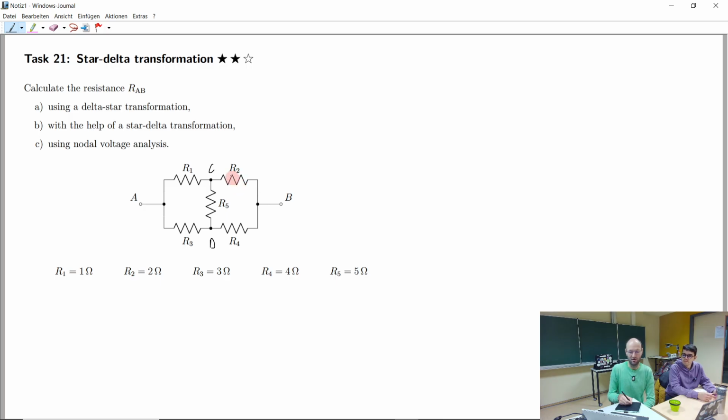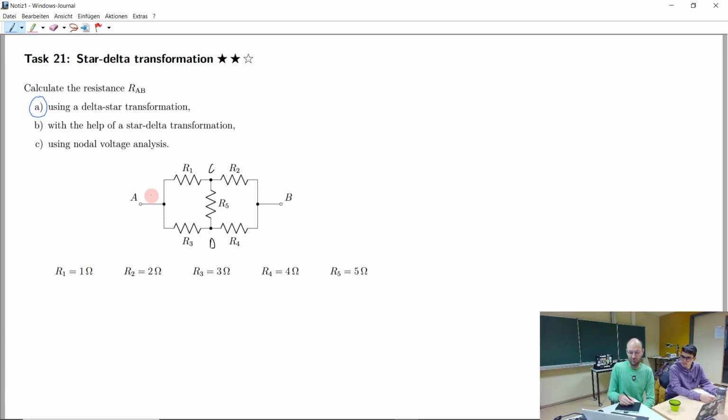And so now, in subtask A, how could a delta star transformation help us in still solving this issue and calculating the equivalent resistance of the circuit? We've got two deltas, so we can transform either the first part or the second part to a star.